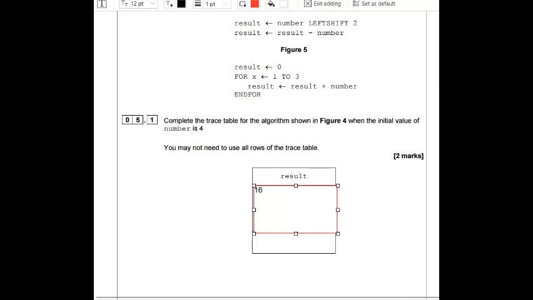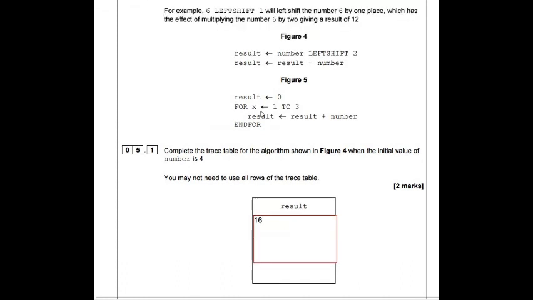We're left shifting that by 2, which means multiplying by 2, giving us an 8, and then multiplying by 2 again to give us 16.